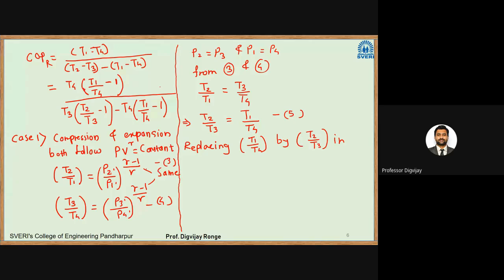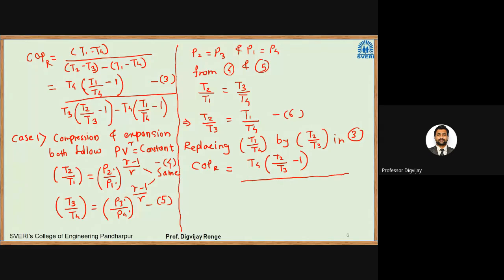Let this expression be 6. So in expression 3, what I will get is COP is equal to T4 into (T2 by T3 minus 1) in the numerator.